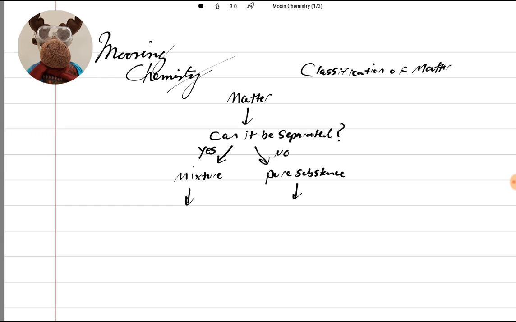Now, if it's a pure substance, we need to know this. Can it be decomposed by ordinary chemical means? If you say yes, then it's a compound.